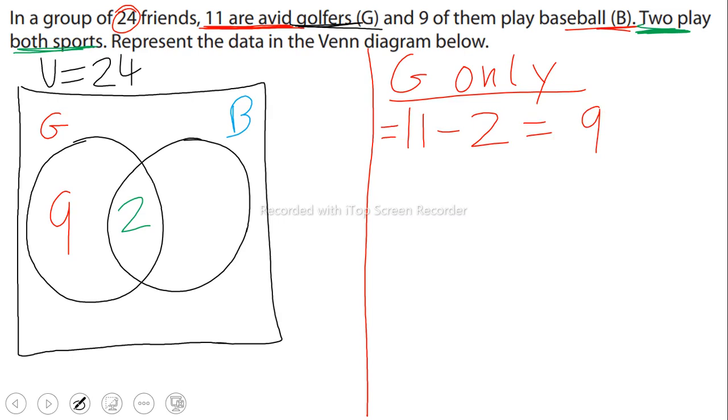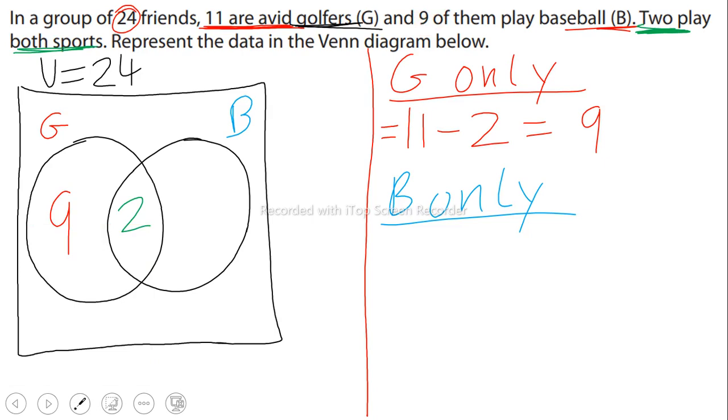Next up, we have B only. That's 7. Well, we know that in total it's supposed to be 9 of them playing baseball.